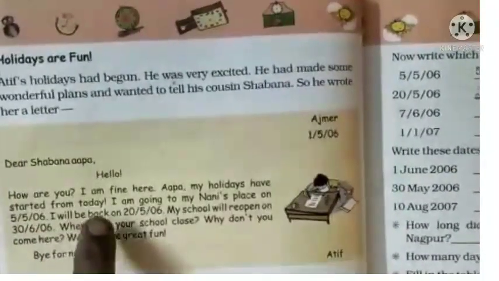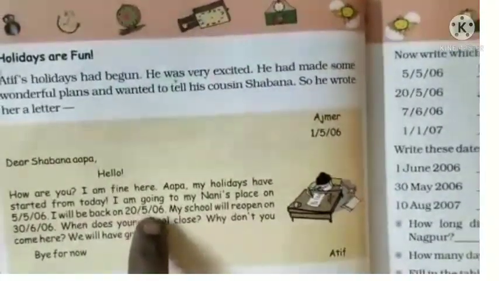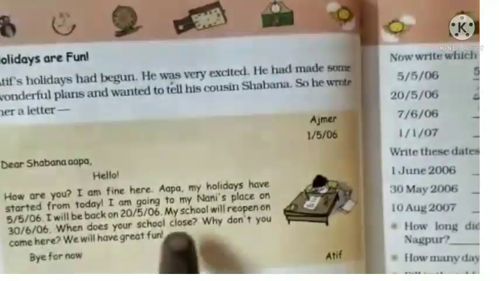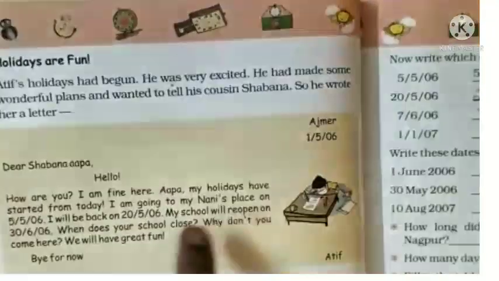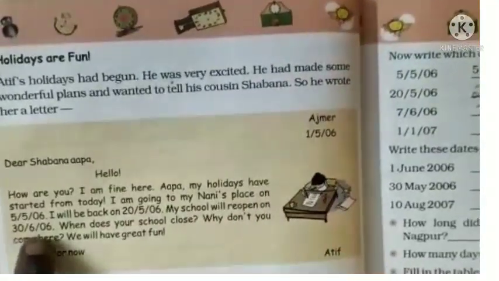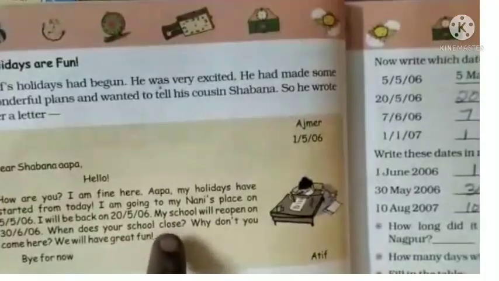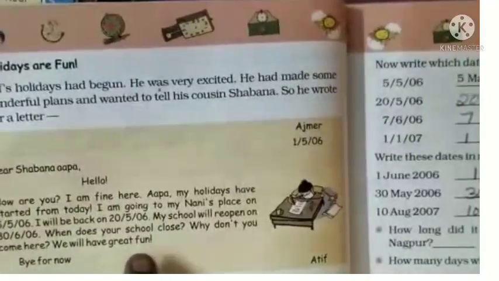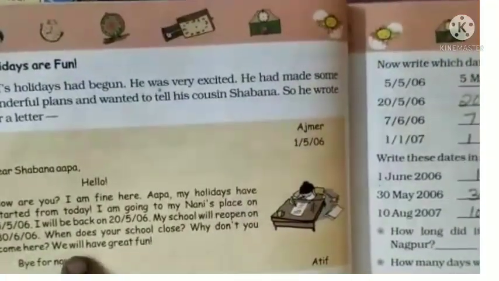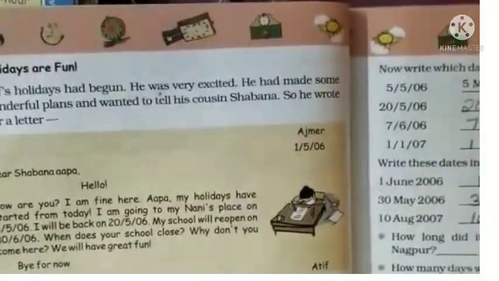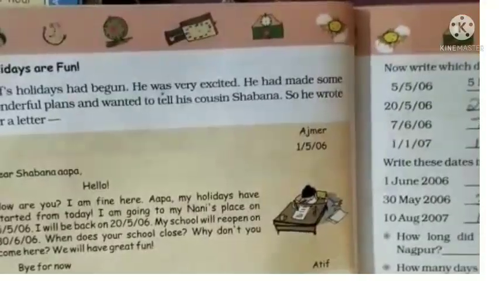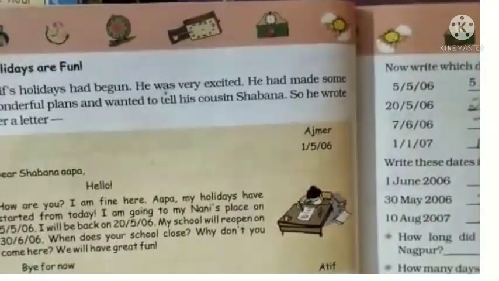I will be back on 20th May 2006. My school will reopen on 13th June 2006. When does your school close? Why don't you come here? We will have great fun. Bye for now. Atif.